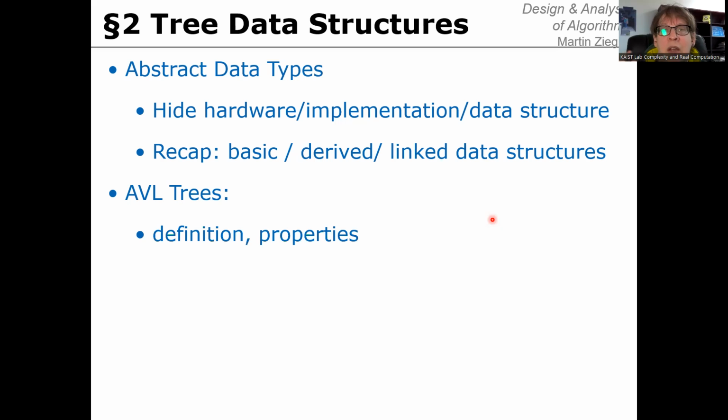These are the two sides of the coin: we design data structures and we realize data structures with algorithms. But on the other hand, we can build on these data structures and data types for more advanced algorithms, kind of climbing up the abstraction hierarchy.